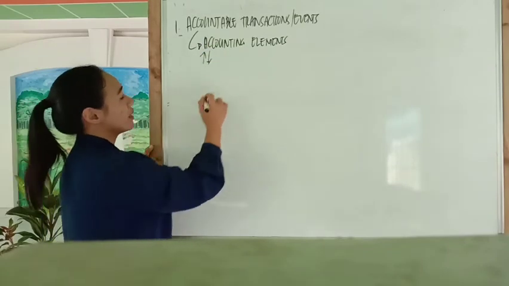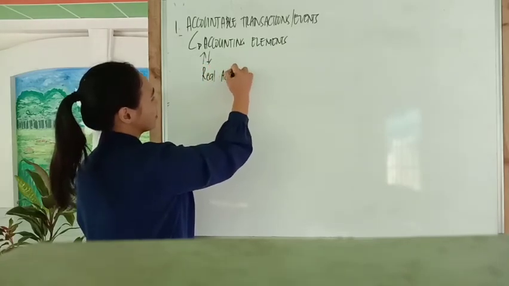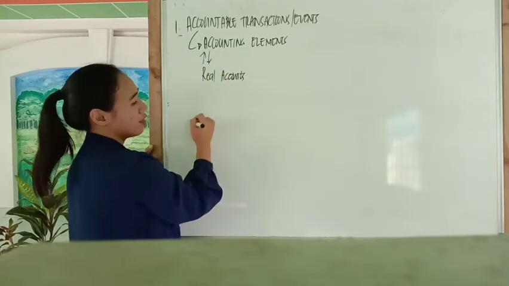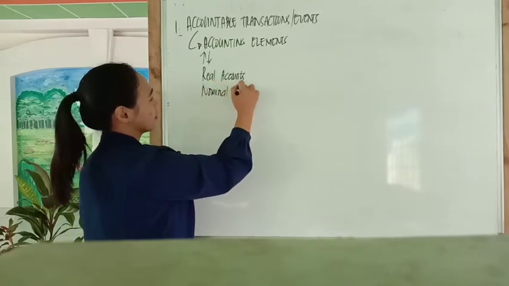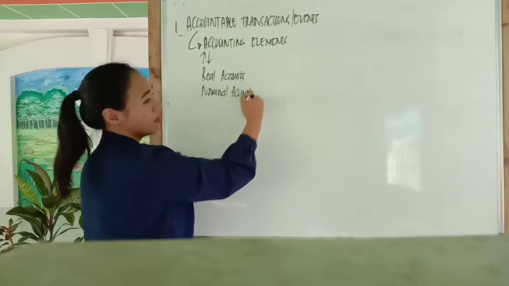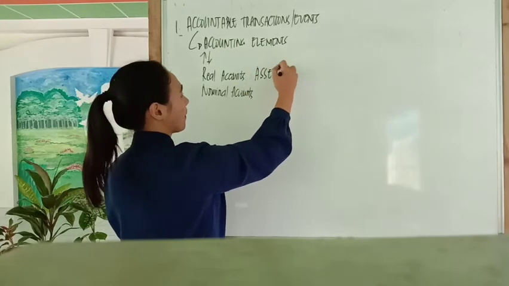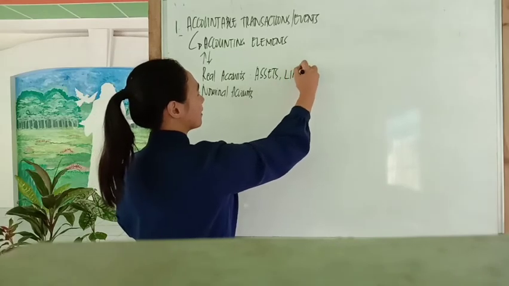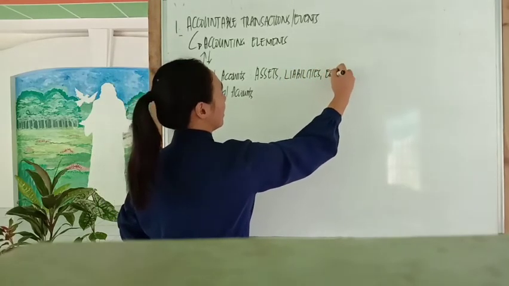Ano yung mga accounting elements natin ulit? You have your real accounts, and then you have your nominal accounts. For your real accounts, you have your assets, liabilities, and equity.